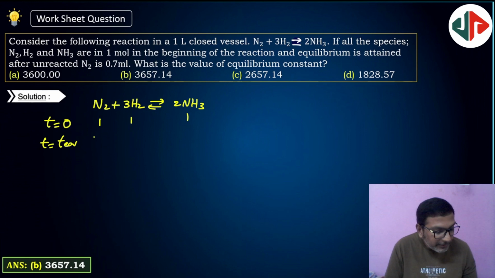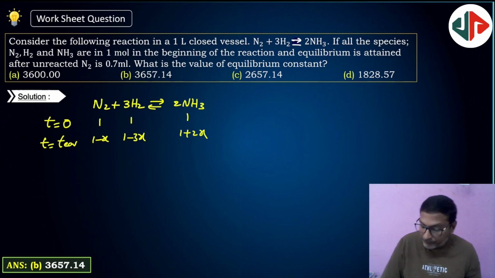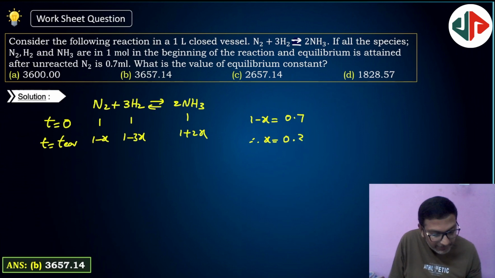At equilibrium, 1 minus x, 1 minus 3x and 1 plus 2x. So N2 left, here 1 minus x is given as 0.7. Therefore x is 0.3. So substitute here, we'll get 0.7. Next, NH3 concentration 1.6 and here 0.1.